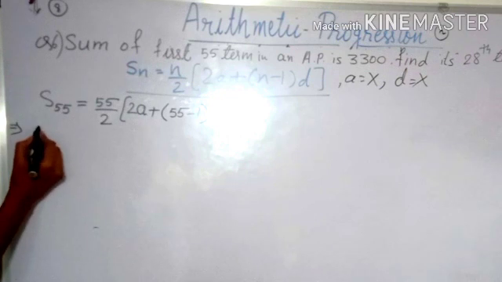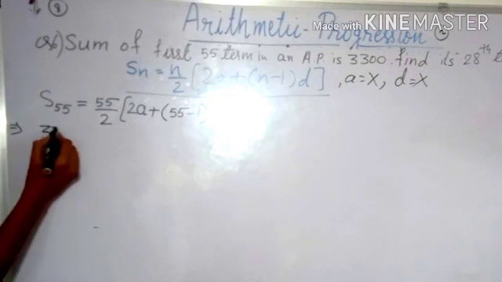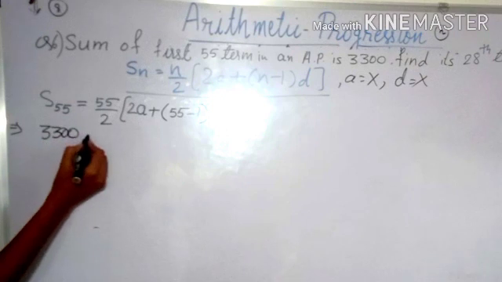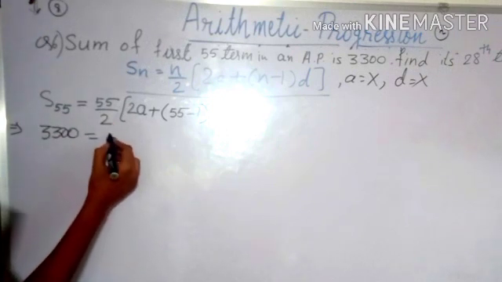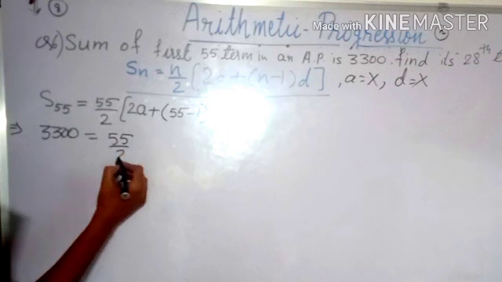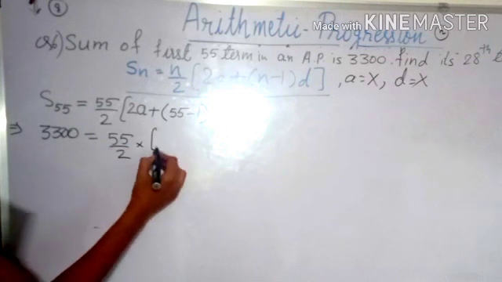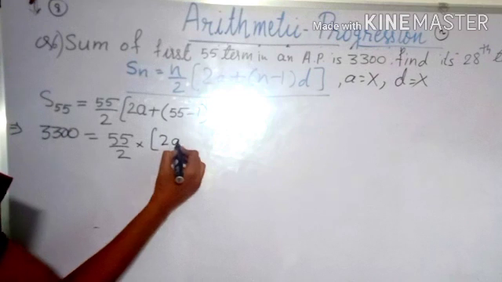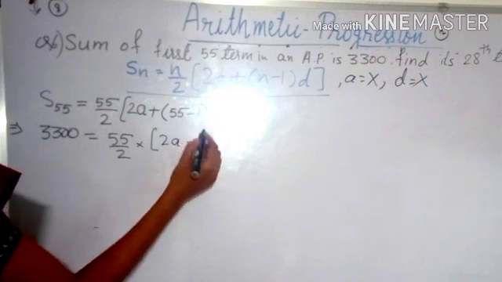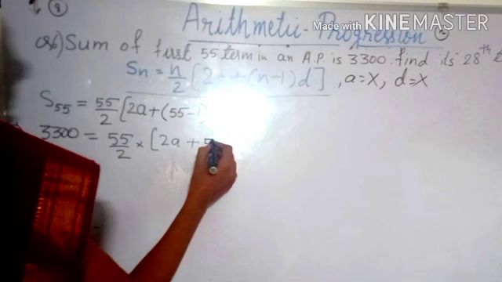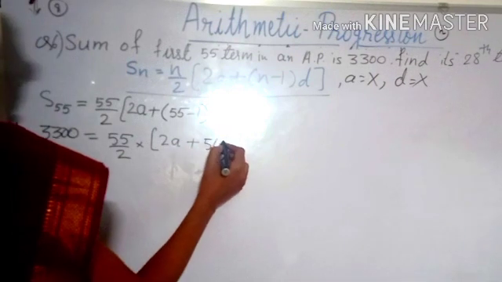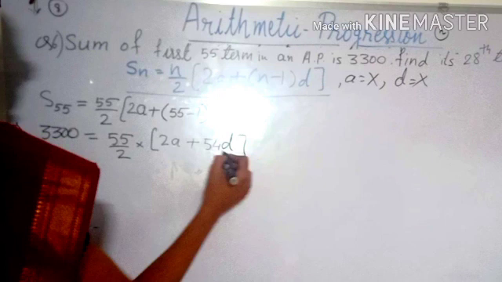See how we can solve this question. First of all, 3360 equals to 55 divided by 2 into, we'll simplify this, 55 minus 1 is equal to 54d.